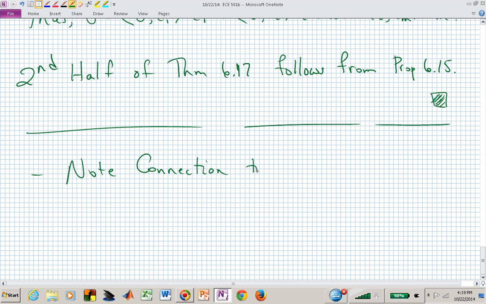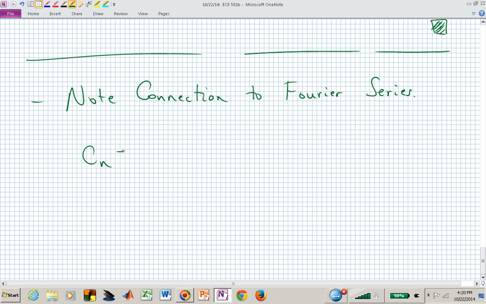Note the connection to Fourier series, where you are looking at finding these coefficients, C sub n, that weight the complex exponentials, where you are looking at this integral from some t naught up to one period beyond t naught, of f of t times e to the minus j n omega naught t dt.